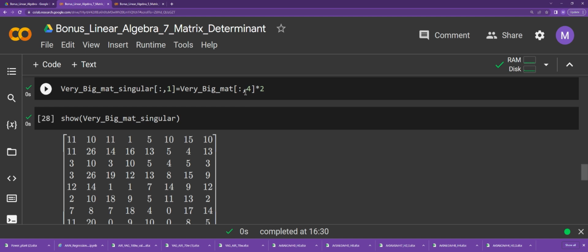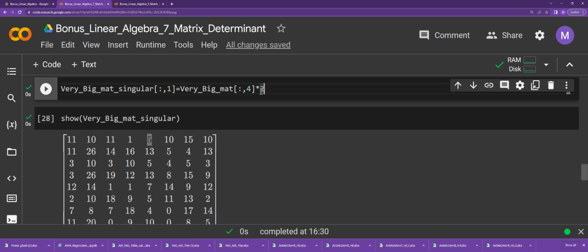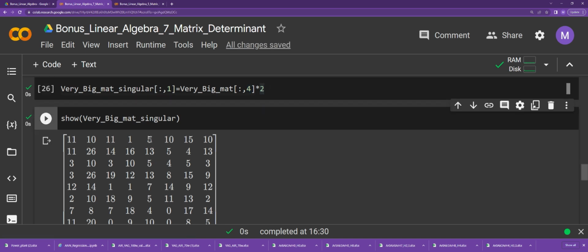It's going to be column 4 basically multiplied by 2. Okay? Now, column 4 is 0, 1, 2, 3, 4, yeah, 5. So multiplied by 2. So in other words, if you see 5, 13, 5, 13, 7, this column and this column are now linearly dependent.